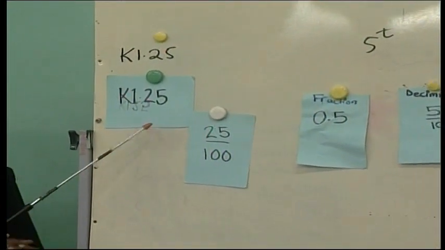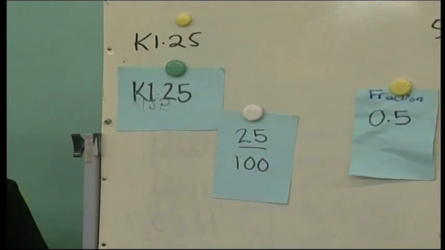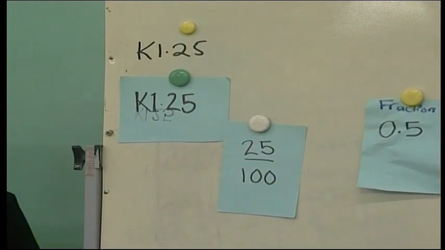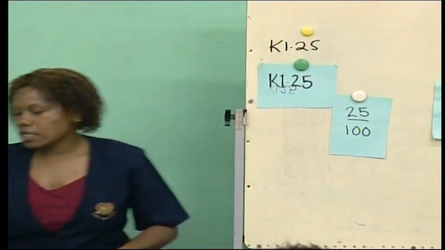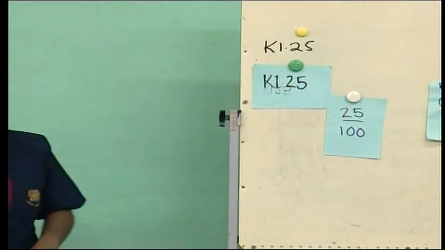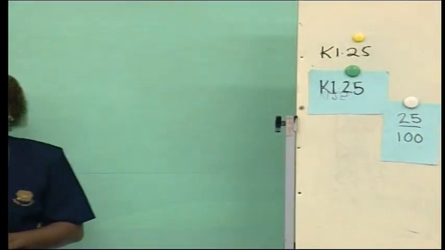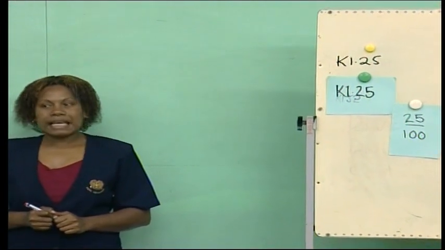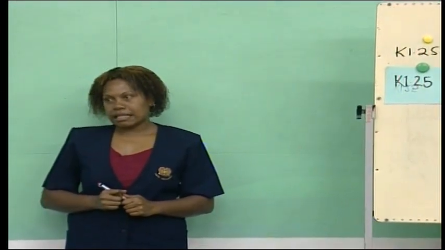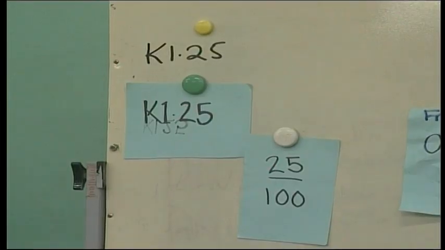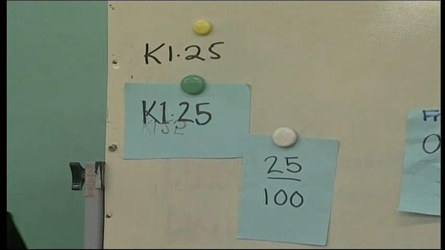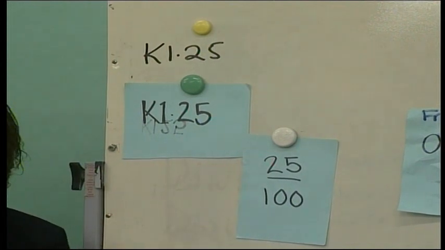Do you think this amount is correct in decimal? 1 kina 25 toya in decimal number. You others? Okay, hands up if you think it's wrong.